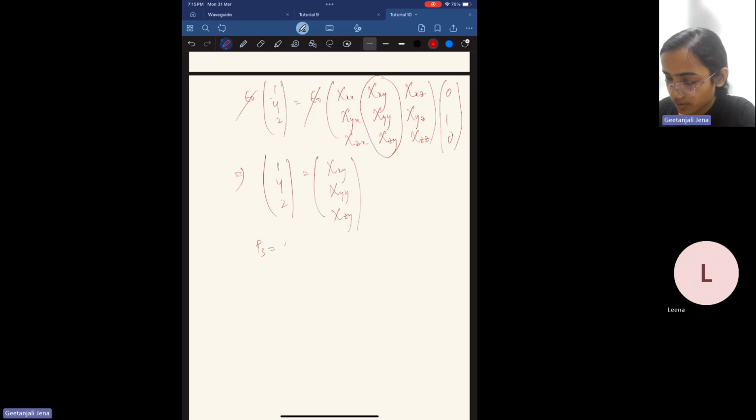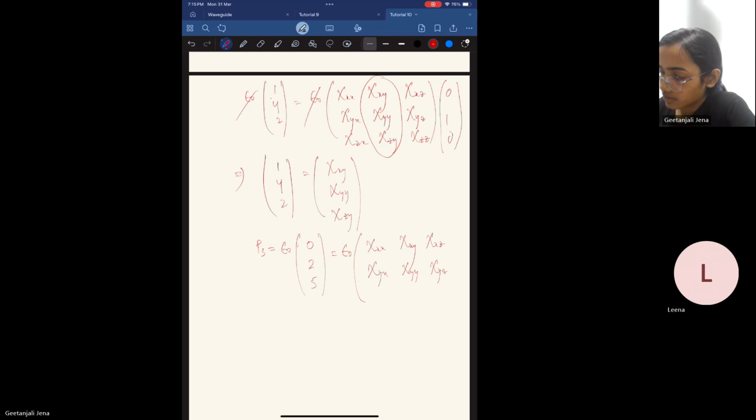P3 is epsilon 0 times (0, 2, 5), which is epsilon 0 times the chi matrix, and this is (0, 0, 1).